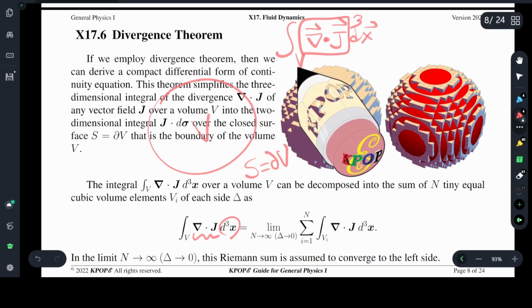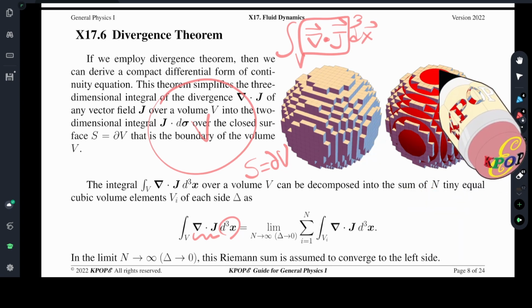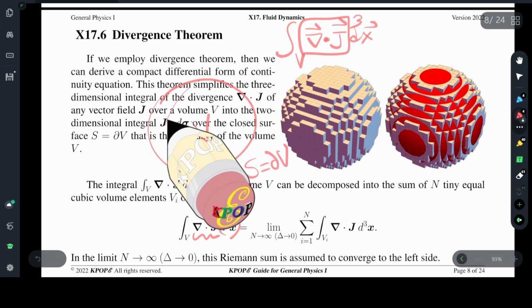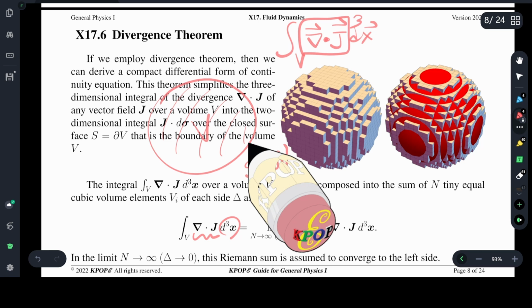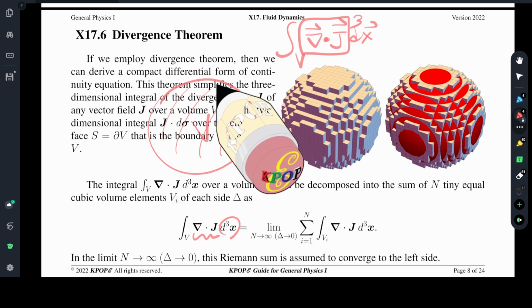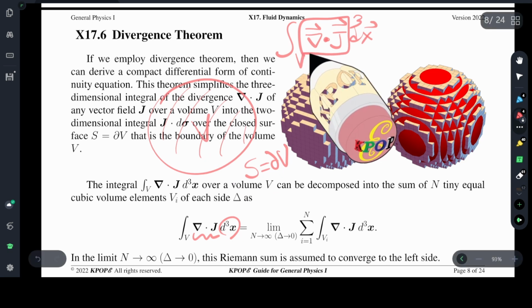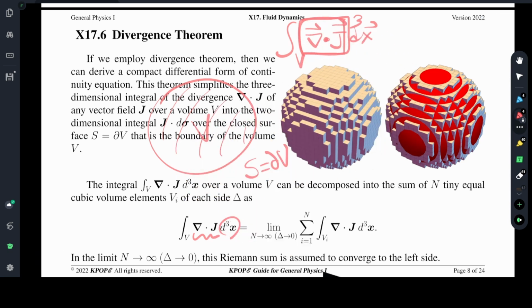The integral can always be divided into many pieces. So why don't we divide? Right now we are interested in some specific volume, but for simplicity, we introduce a sphere. And I would like to integrate the divergence of J over this sphere.